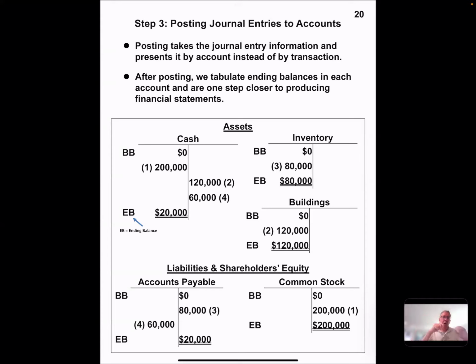So you may recall posting simply means copy from a journal entry to our ledger. The thing of ledger is having a separate page for each account. So here's all the accounts we have. We have a cash account, inventory, buildings, accounts payable, and common stock. So think of our ledger as having 5 pages in it right now.